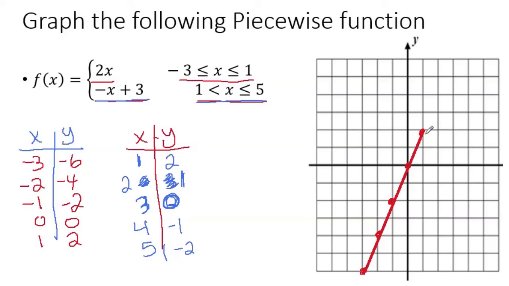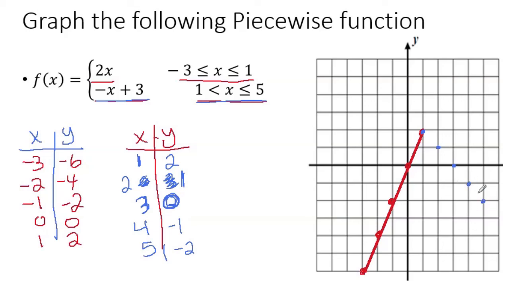1, 2 is right here, and it's the same point that I have from the previous piece, so I'm just going to keep it. Then 2, 1, 3, 0, 4, -1, and 5, -2.